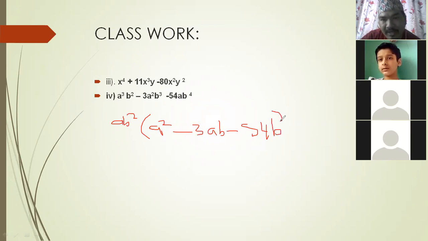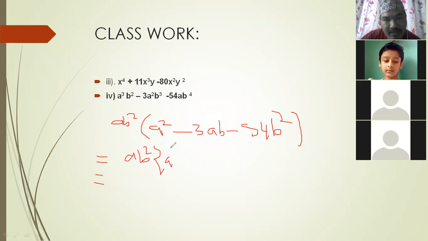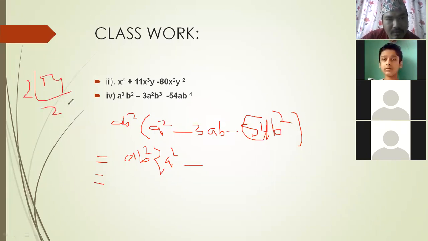Now can you do middle term break after this? Yes, sir. How will you do it? AB square, then curly bracket, then you have to write A square. Okay, here is 54. 54 you can factorize. What will be 54 factorized? 2 into 27. 3 nines and 3 threes.